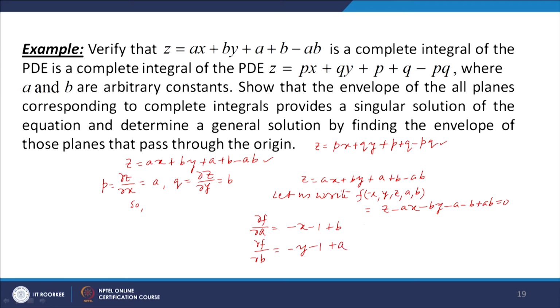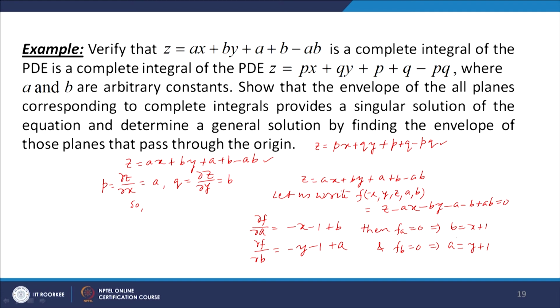So, f_a equal to 0 gives b equal to x plus 1, and f_b equal to 0 gives you a equal to y plus 1. The envelope of all planes corresponding to the complete integral provides a singular solution.